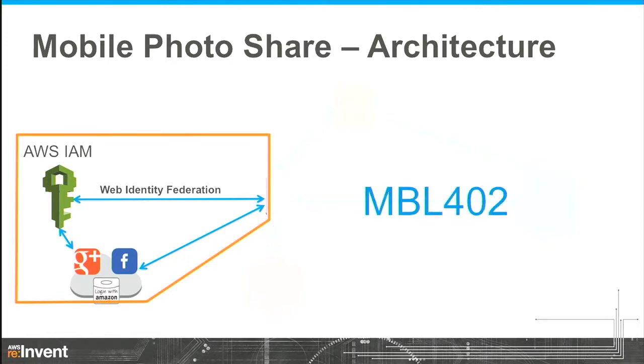Now obviously today we're going to be focusing on the login aspect of this. If you're interested in learning more about the rest of the application, I would highly recommend that you seek out the slides and the video when they're posted for the MBL 402 talk, which was given by my colleague Glenn Dirkus. So he goes into depth with all of those other parts of the application.